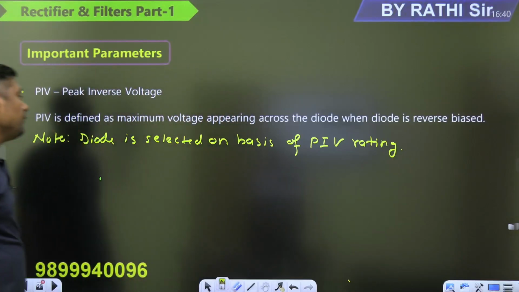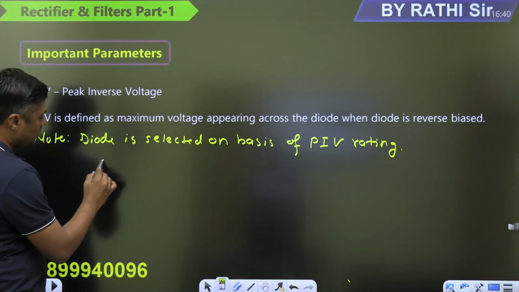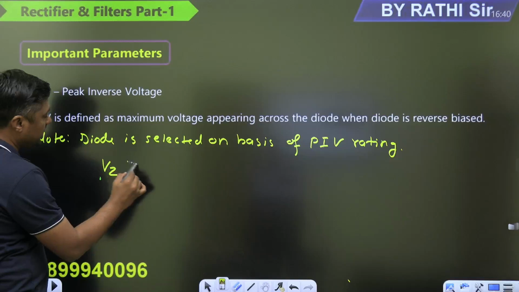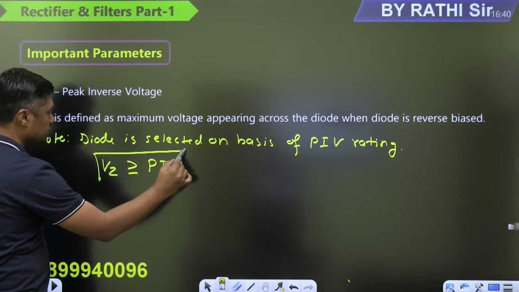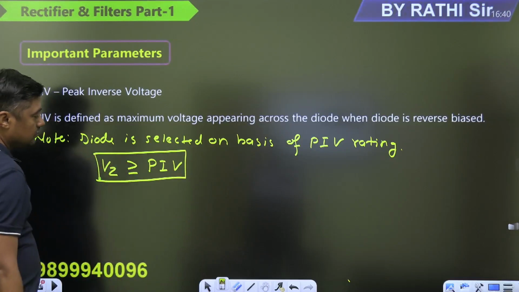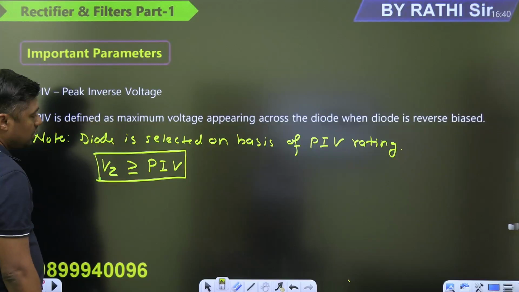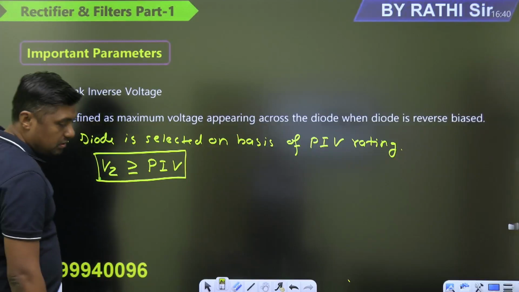Right? If you have the PIV rating, then always remember the breakdown voltage should be greater than or equal to PIV. Okay.